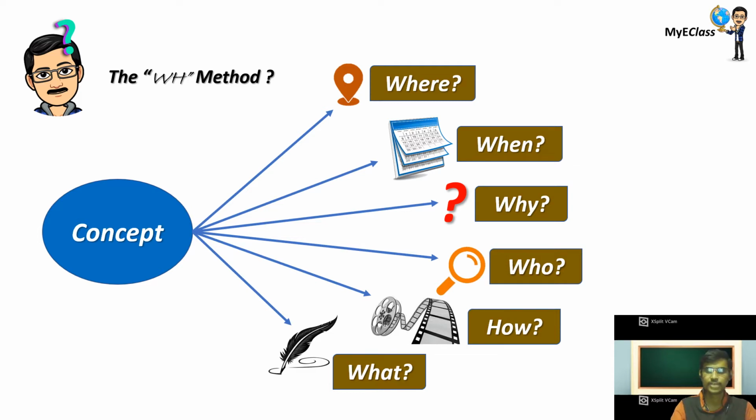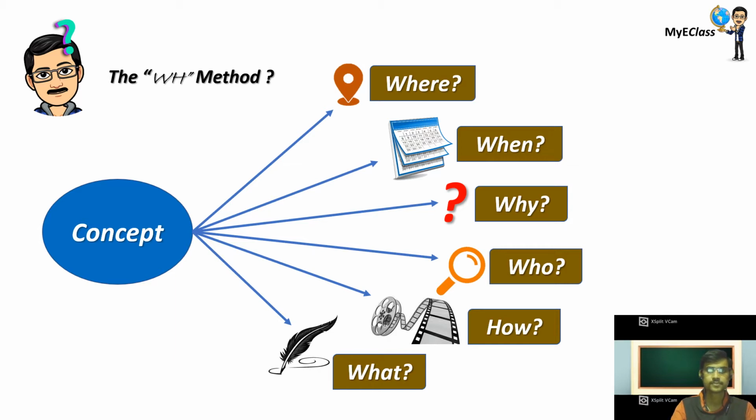I already told you that if you follow the WH method, you will become confident enough to answer 3 and 4 marks questions in your board exams. Usually, when you attempt a 3 marks question, it requires you to answer either in 6 to 8 points or 6 to 8 sentences.